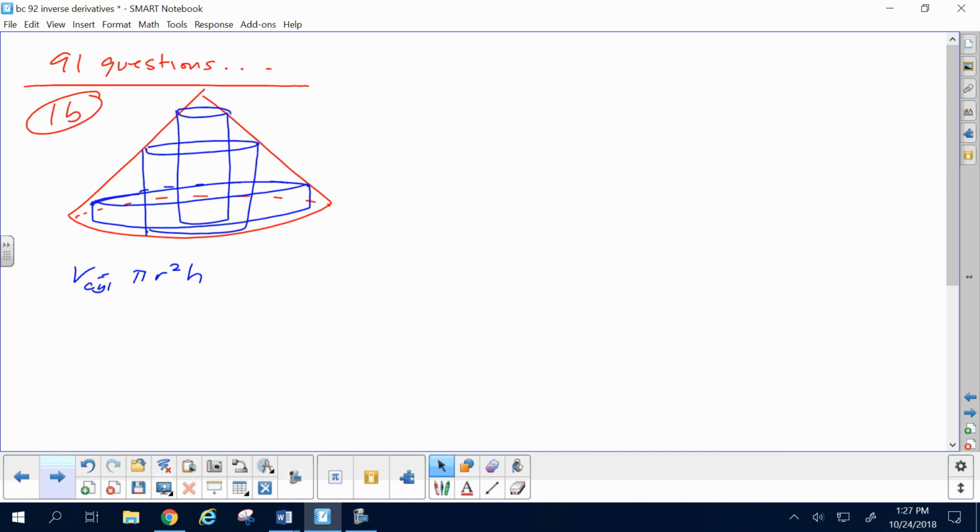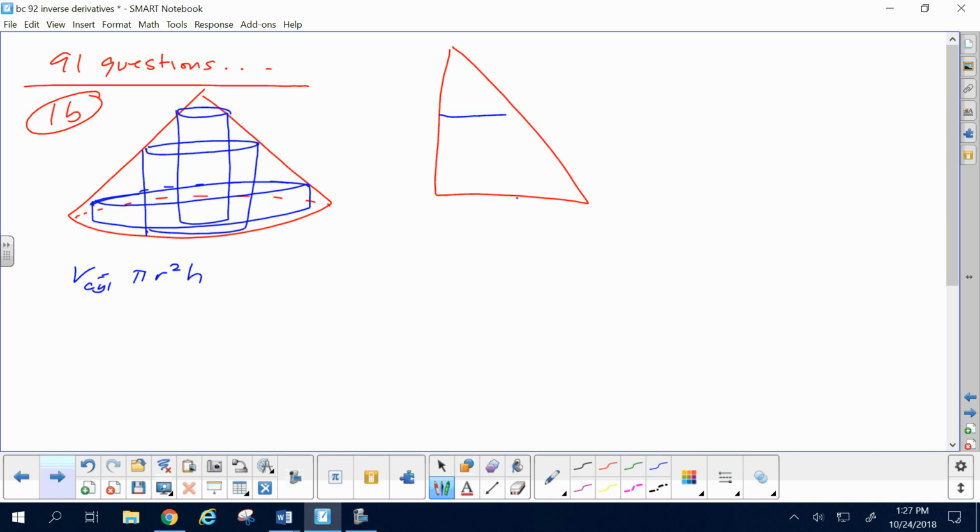within the cone, or the half cone really I'm going to look at, there is a half cylinder. This is the height of the cylinder, h, and if this is 6, this is 6 minus h. This is the radius of the cylinder, r, and that's the radius of the cone, 4.